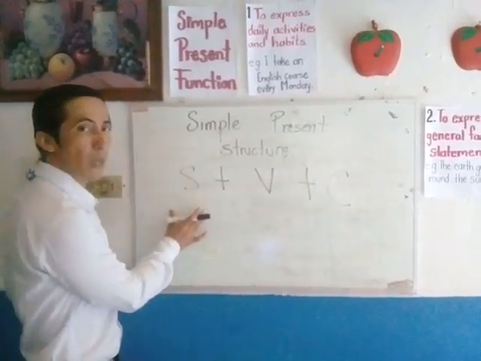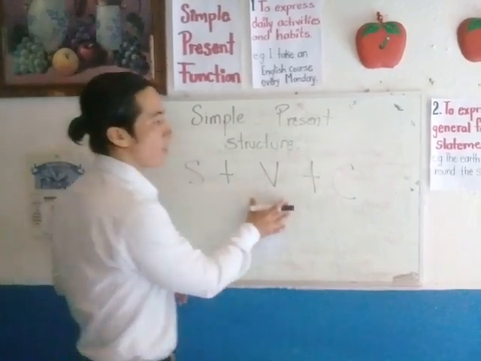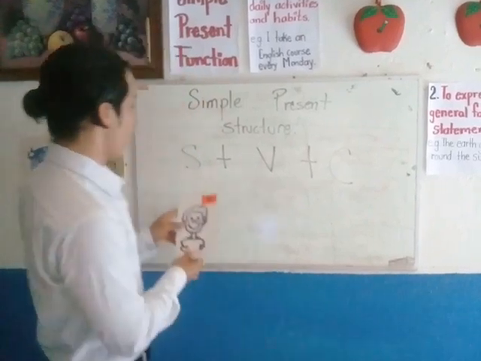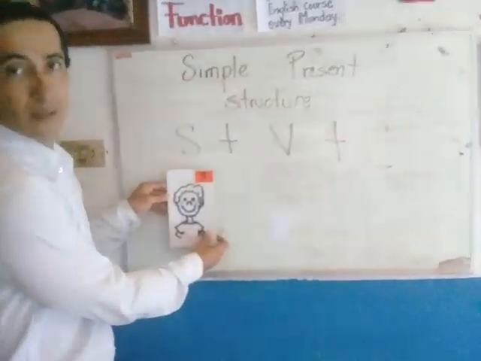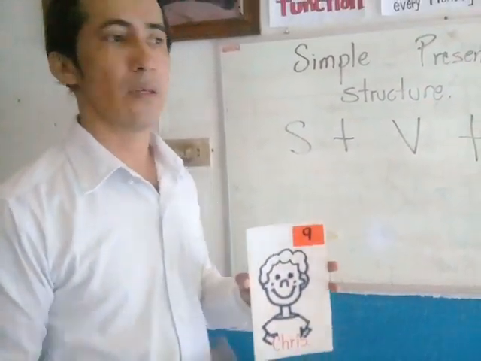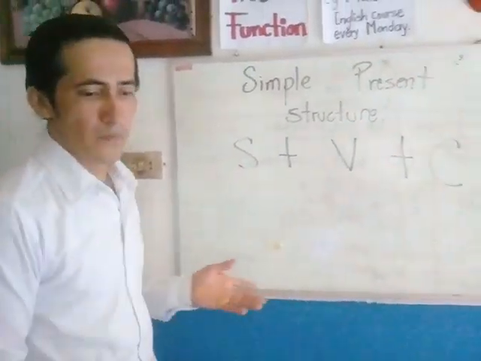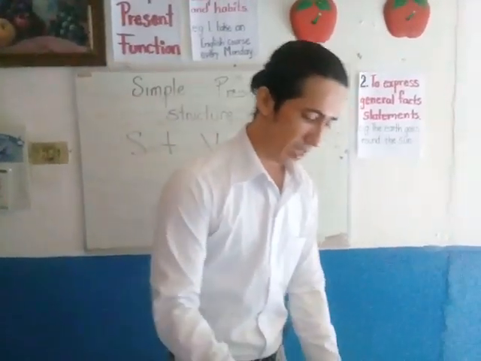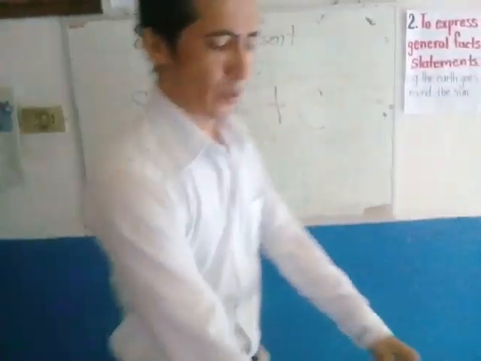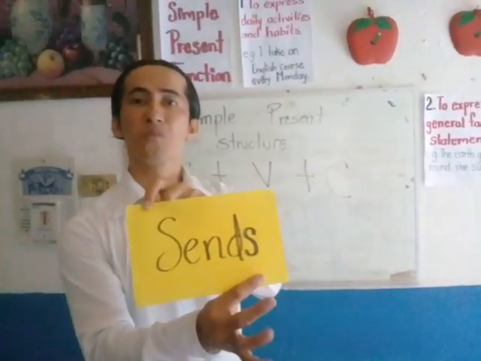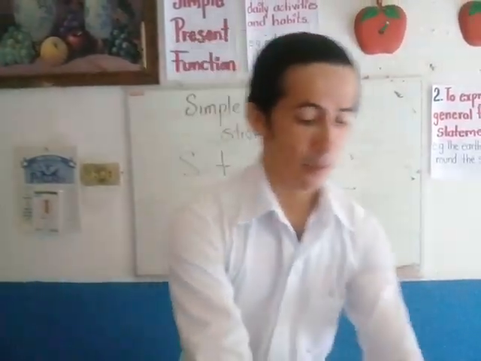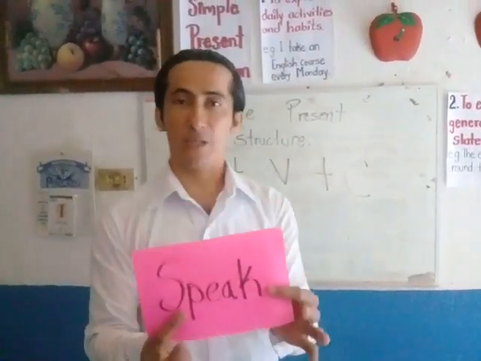Number one is the subject, then verb and complement. The subject is the person, an animal, or a thing in a sentence. The verb, for example, build is a verb, or send, and speak.